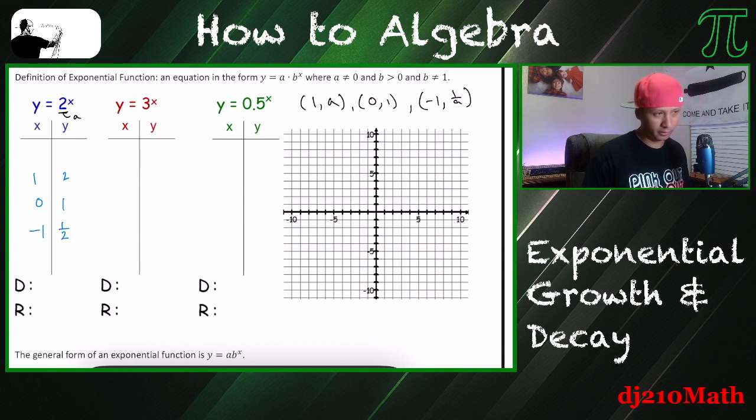And then we could also find other points, right? Like when x is 2, so 2 to the second power would be 4, right? 2 squared. So if we plot these points, we're going to see (-1, 1/2), (0, 1), (1, 2), and (2, 4).